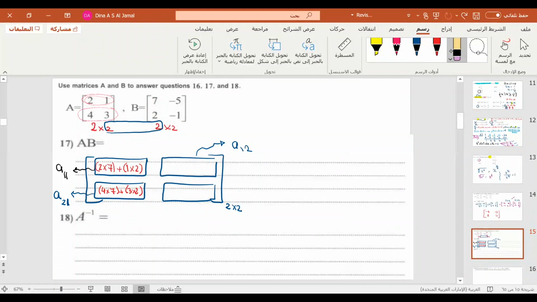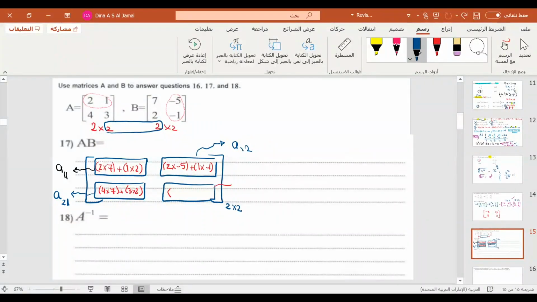So let's erase all of these. So you have to look at the first row, and the second column now. So it will be 2 multiplied by minus 5 plus 1 multiplied by minus 1. Then check the last one.